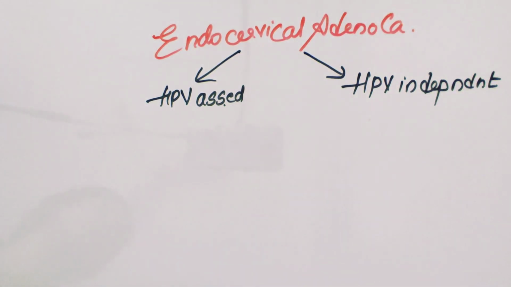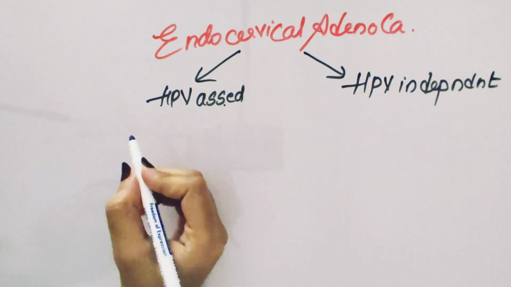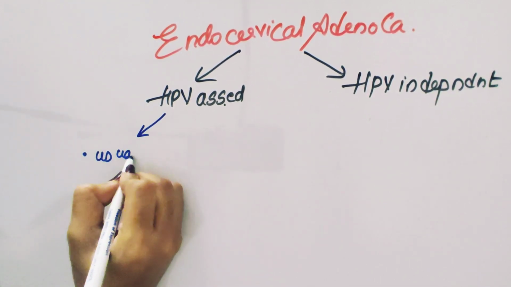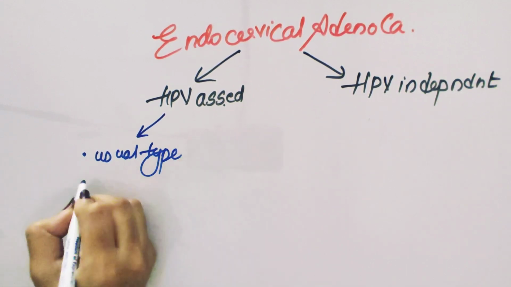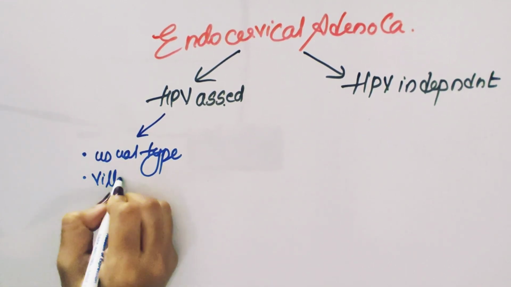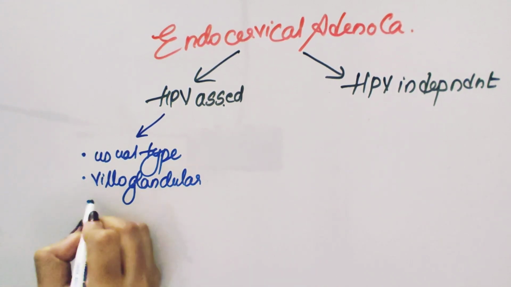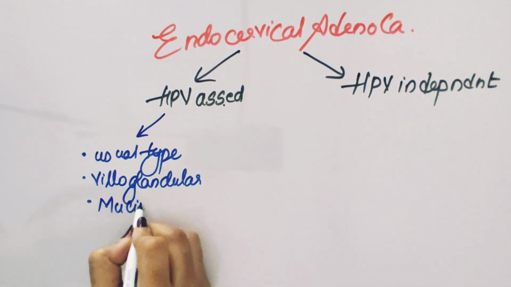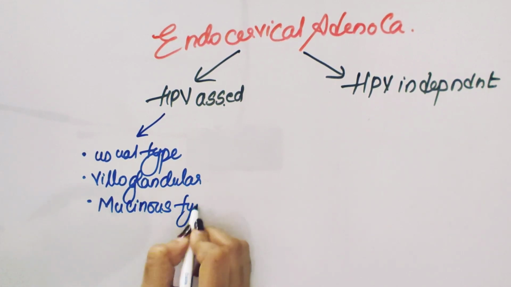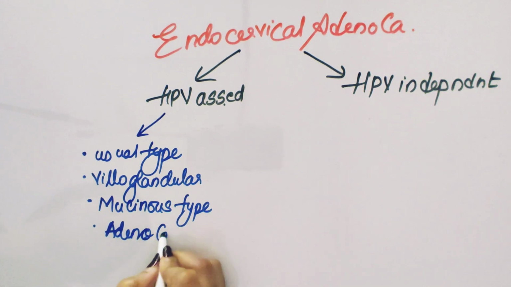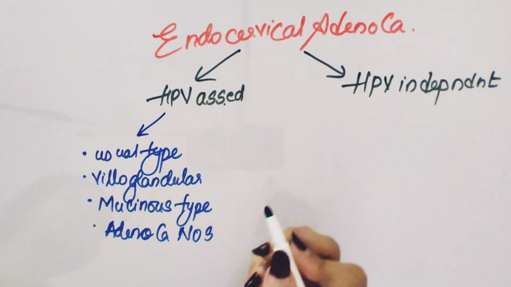Now the HPV associated one is further divided into usual type, villoglandular variant, mucinous type, and adenocarcinoma NOS, that is not otherwise specified.